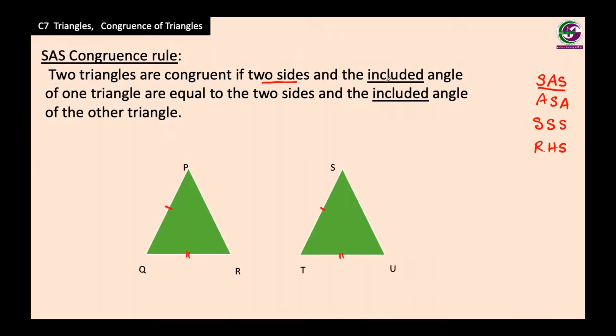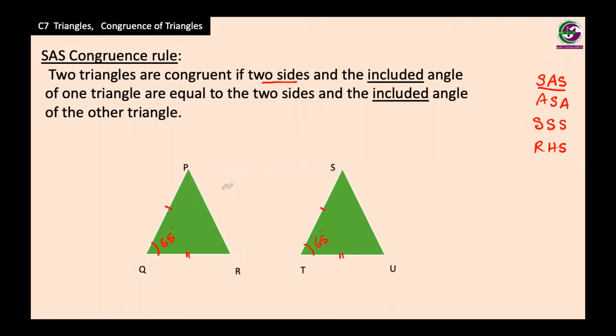And the included angle, included means it should be in between, which here should be Q and T. It can't be P or R because if you take P, it is not between the given sides. So included means we have to take the angle which is between the 2 given sides. So here, if this angle is, let's say, 65 degree and this is also 65 degree, then we say that these 2 triangles are congruent.